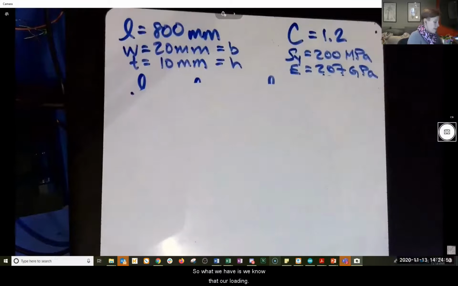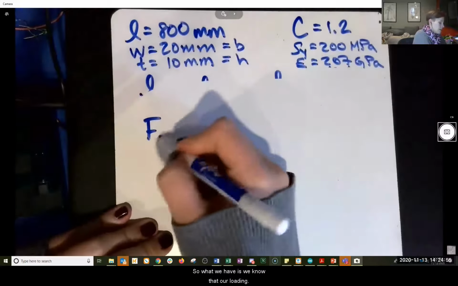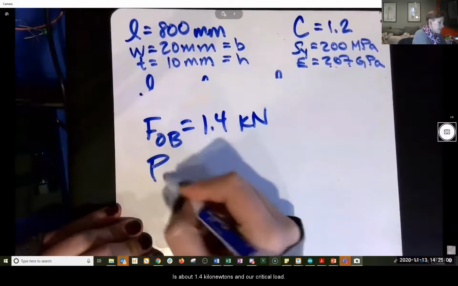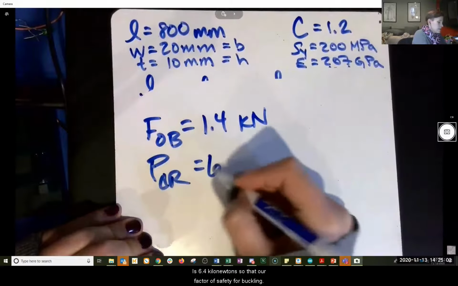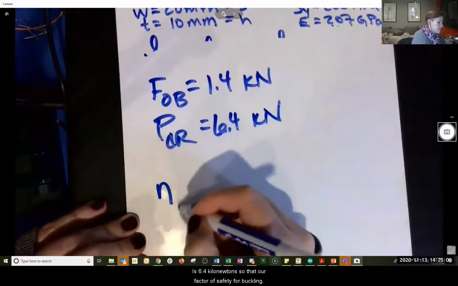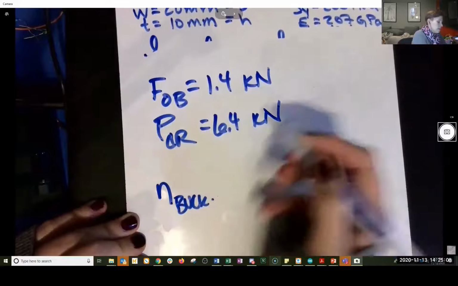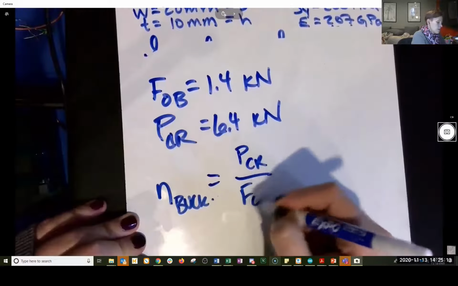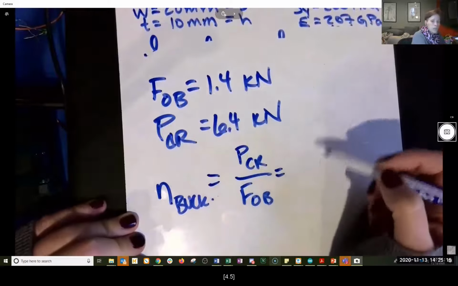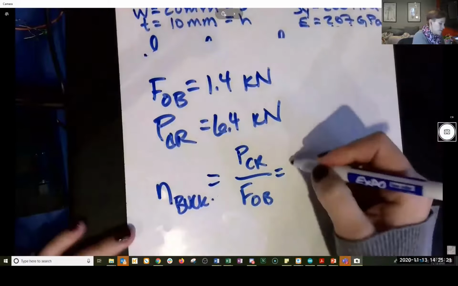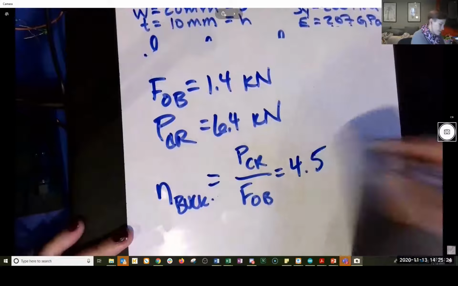We know that our loading is about 1.4 kilonewtons and our critical load is 6.4 kilonewtons. So our factor of safety for buckling will be the ratio of those, which is 4 and change. Actually, it's a little bit higher, so it's like 4.5 ish.